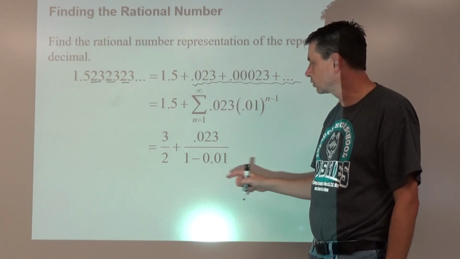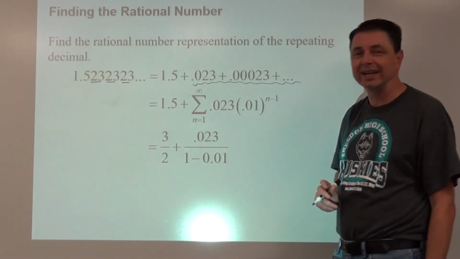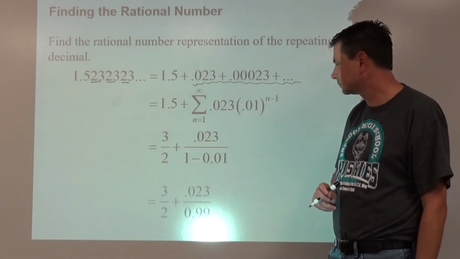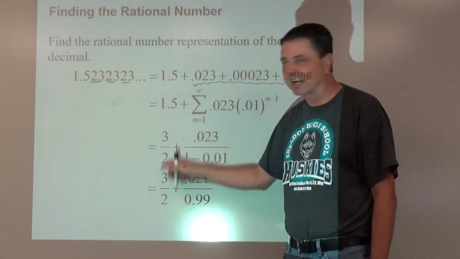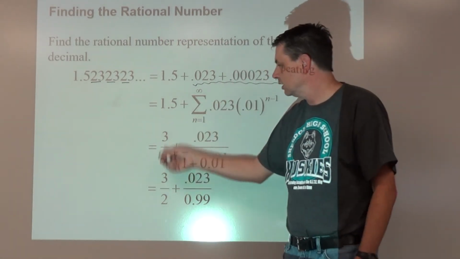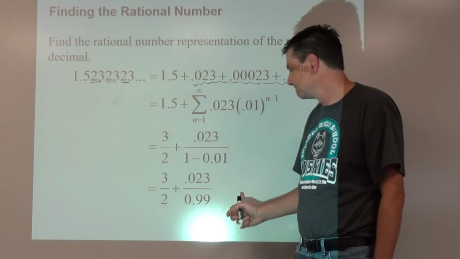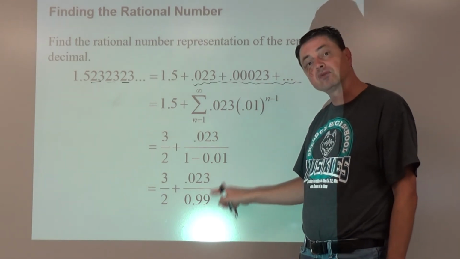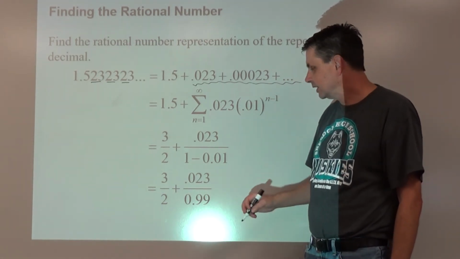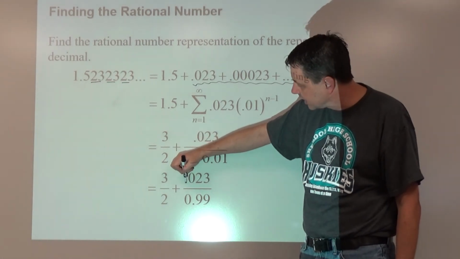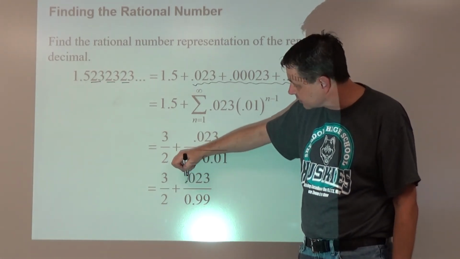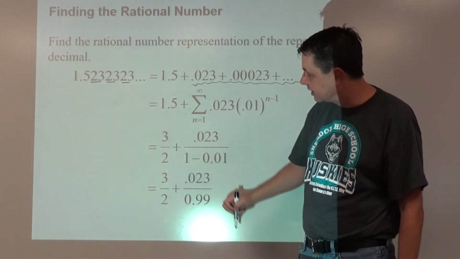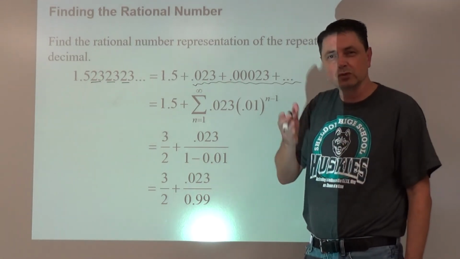So 0.023 divided by 0.99. That's how I turned that one into a fraction, because we are trying to get to a fraction. We knew that one is a fraction. Now I want to decimal bust this. I'm essentially multiplying top and bottom by 1,000, because I want to slide it 3 places, since I don't want any more decimals within the fractions.